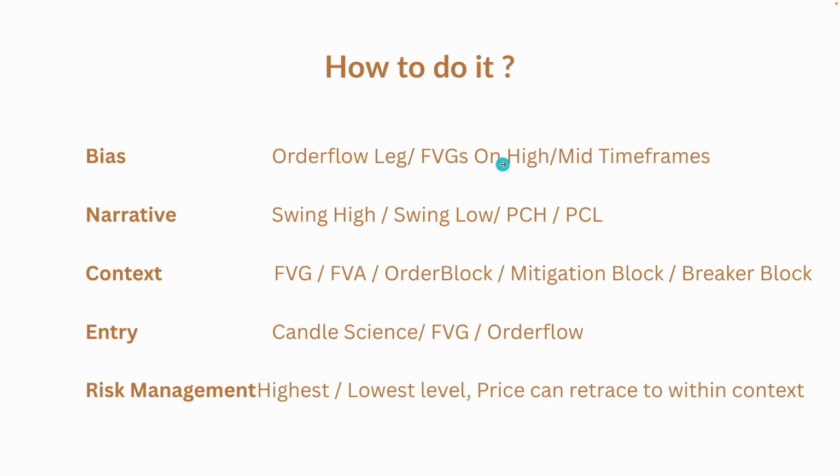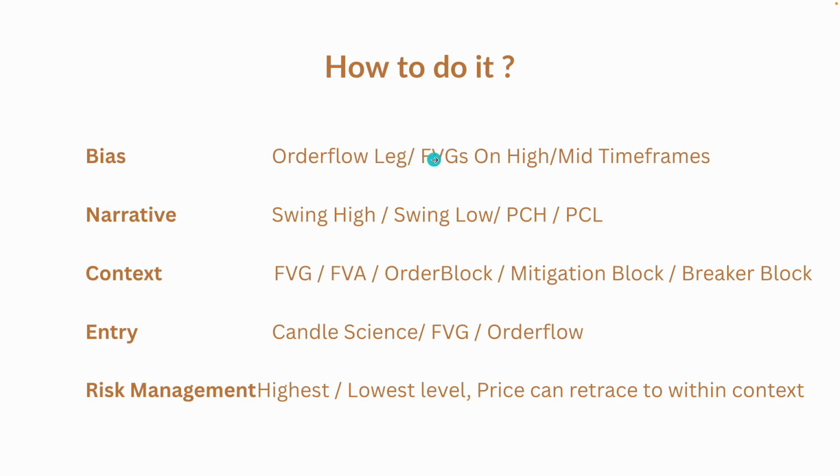So if monthly is having a bullish fair value gap, weekly is having a bullish fair value gap, and daily is also having a bullish fair value gap, in such a case, when all the time frames, monthly, weekly, daily, and 4 hour, match in the bias or show bullish fair value gaps, then we can say the bias is bullish.